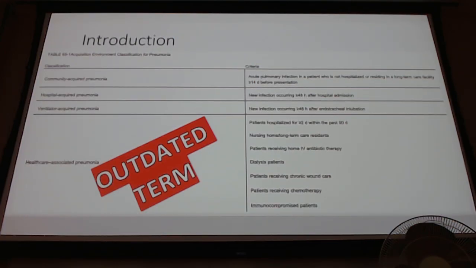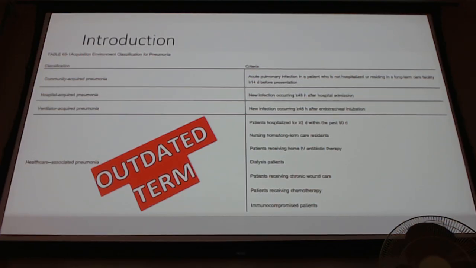So we have community-acquired pneumonia, which is some sort of acute pulmonary infection in a non-hospitalized patient, or a patient residing in a long-term care facility, like a SNF or whatever facility they're in, for 14 days before presentation.